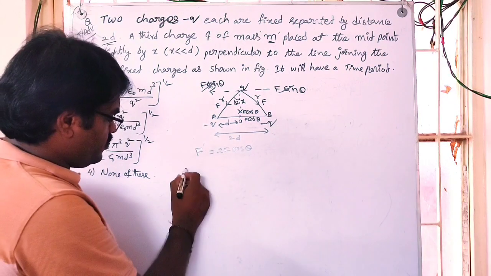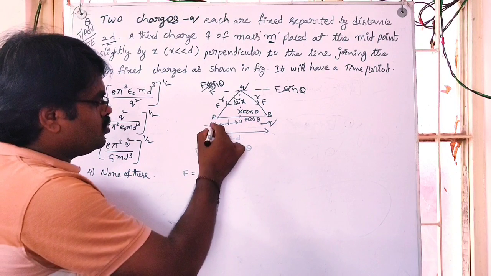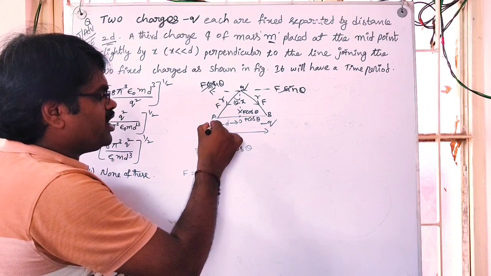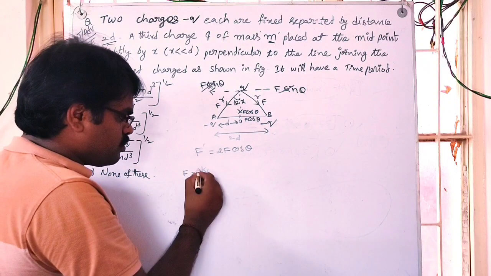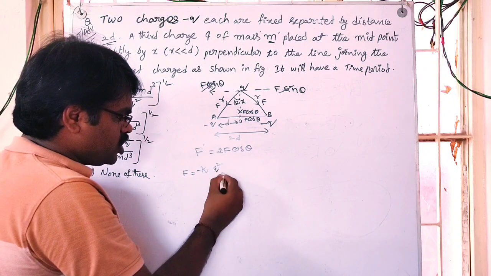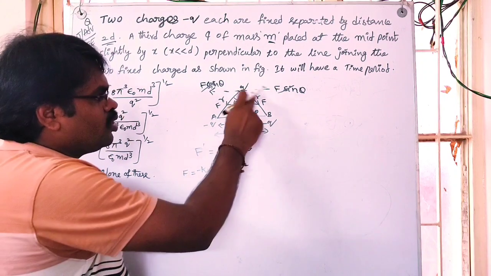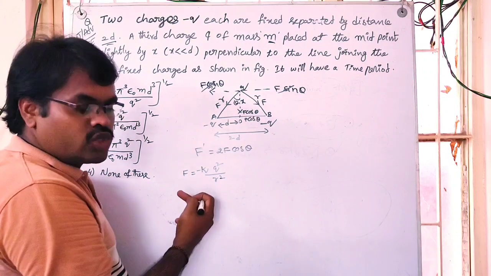Then what is F? F is equal to K Q1 Q2 by the distance squared. Q1 is minus Q, Q2 is Q, that is minus Q square by R square. Both forces are the same in magnitude.